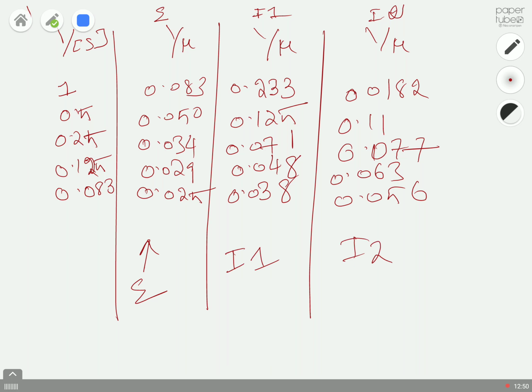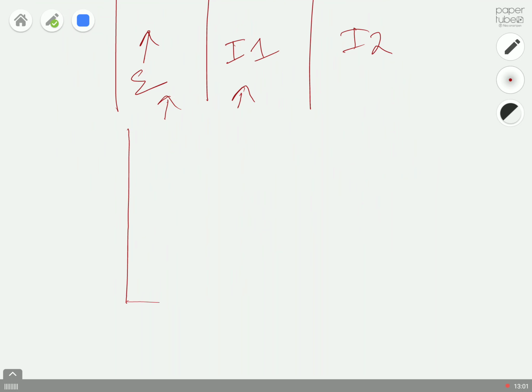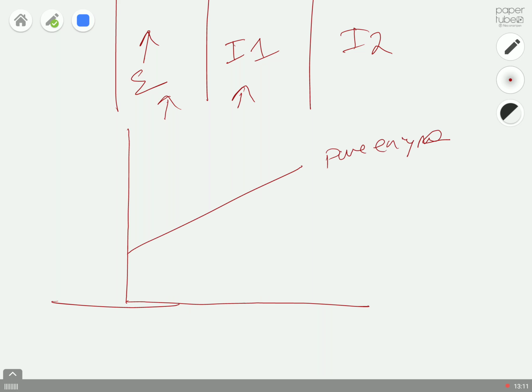So all we need is to plot them. I'm going to plot first your pure enzyme and inhibitor 1. I already plotted in Excel, so I'm not going to do it here, but you can plot. You can use an Excel sheet, or you can use normal graph paper for your final exam. So you will get some values like this: your pure enzyme and your inhibitor 1.